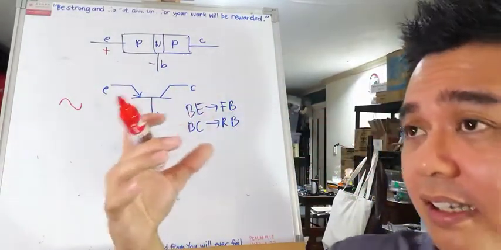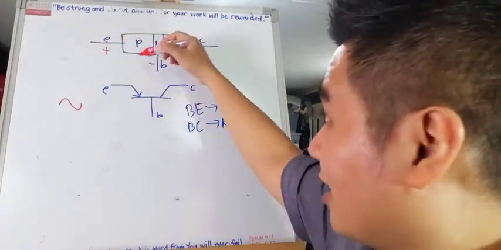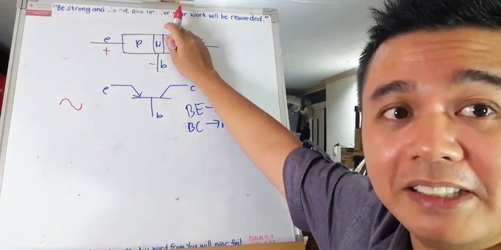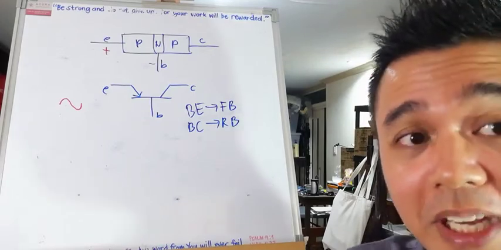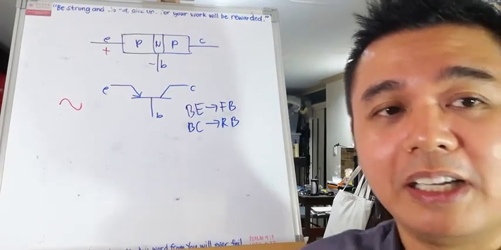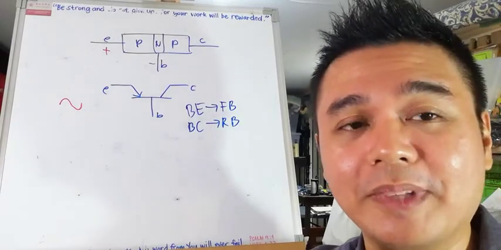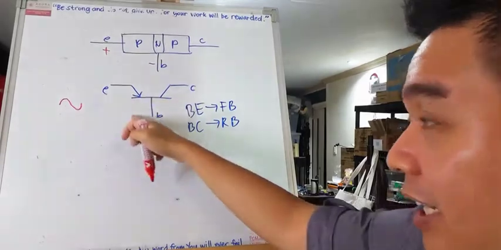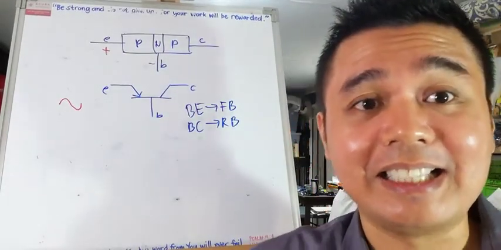So when we apply an input AC signal to the PN junction, this one, the P and N junction, it is like a diode too. Alright? So what resistance occurs, so to speak, at our PN junction when we apply an AC signal? Isn't it the R AC? Therefore, the input side should be represented by the AC resistance.